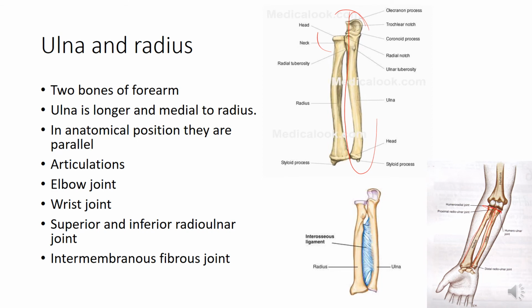So here and here, the superior and inferior radio-ulnar joints. Another type of joint is formed between them, which is known as the interosseous membranous fibrous joint. So there is a membrane between the two bones, uniting them. This is the fibrous kind of joint which is formed between these two bones.